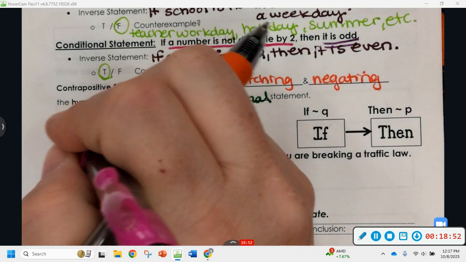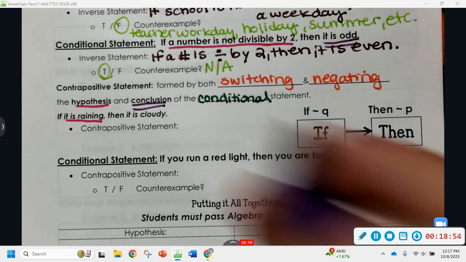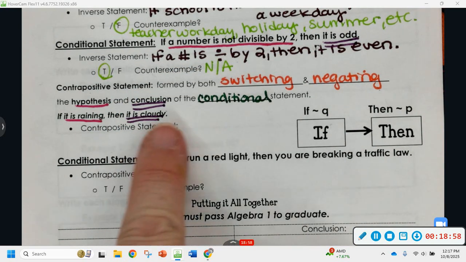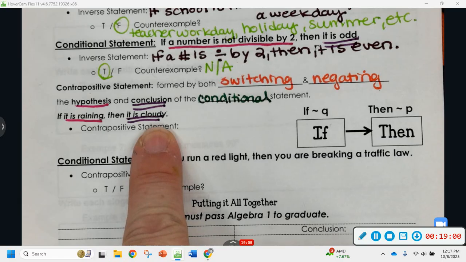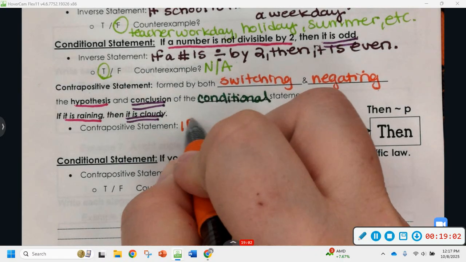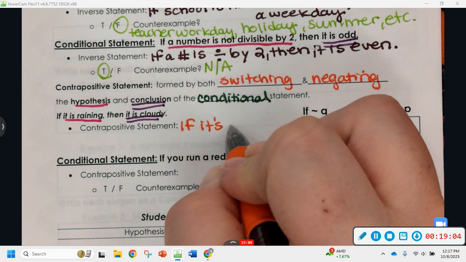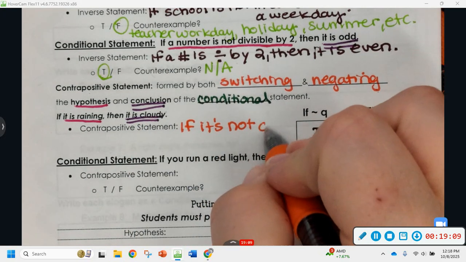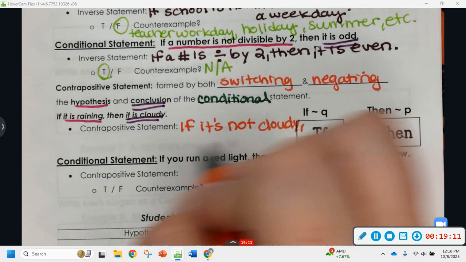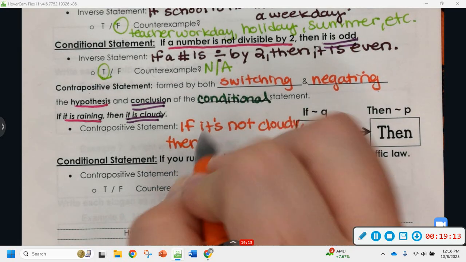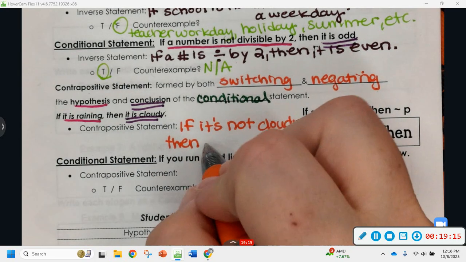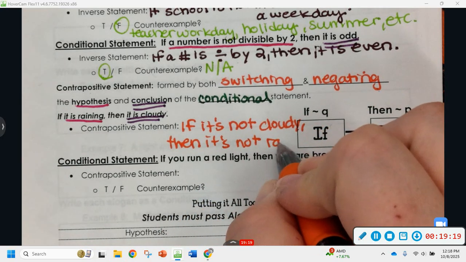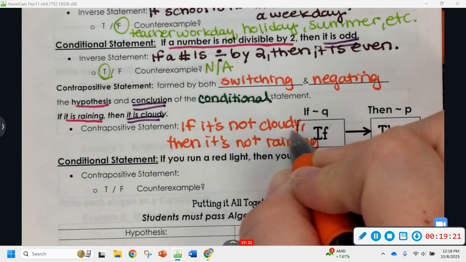So going back, if it's raining, then it's cloudy. We're going to switch it and negate it. So if it's not cloudy, then it's not raining.